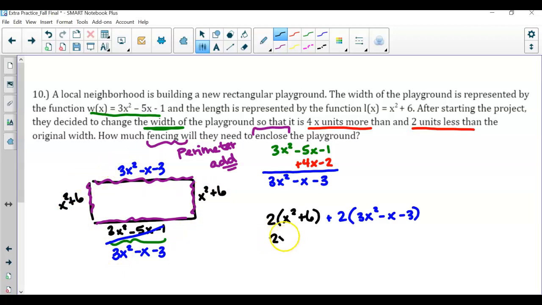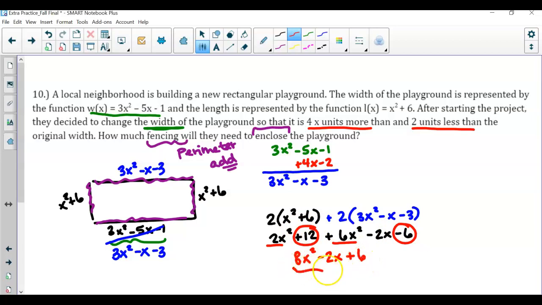So here I've got 2x squared plus 12 from distributing 2 here, we're doubling, plus 6x squared minus 2x minus 6. Again, we're doubling. Then combine like terms. I've got 2x squared plus 6x squared, which is now 8x squared. I only have my one x term here, so minus 2x, but we do have 12 minus 6, which is 6. And this is the polynomial that represents our perimeter.